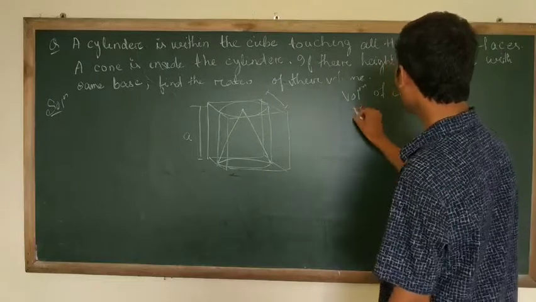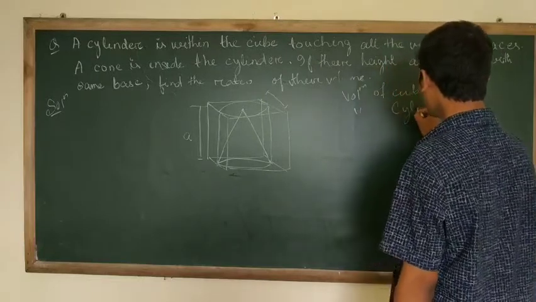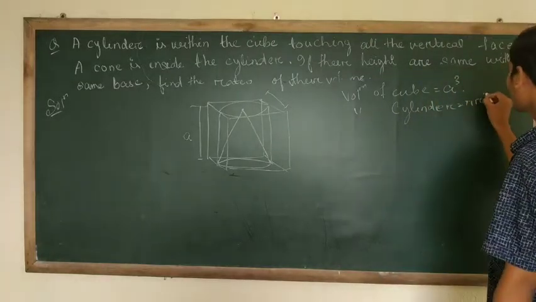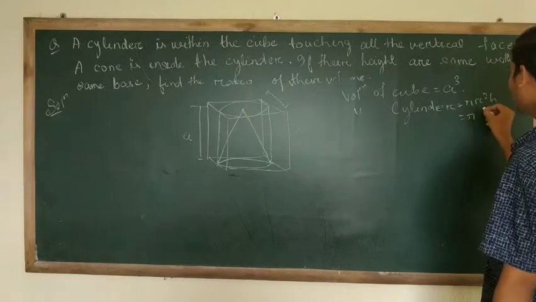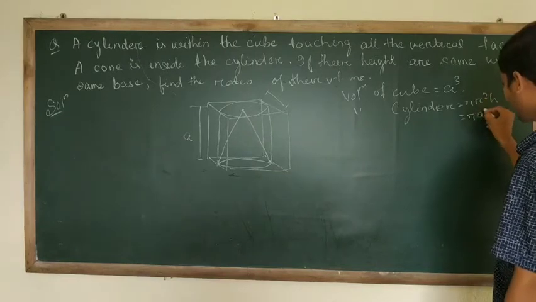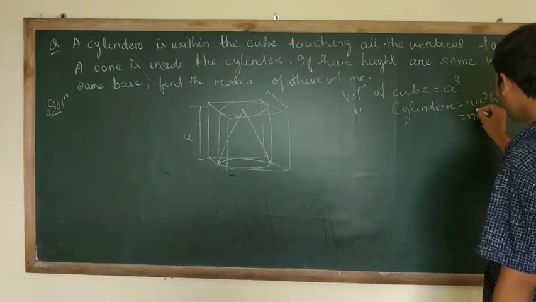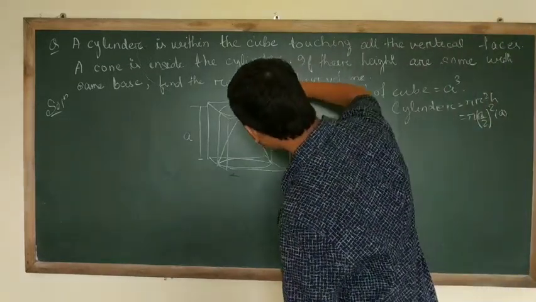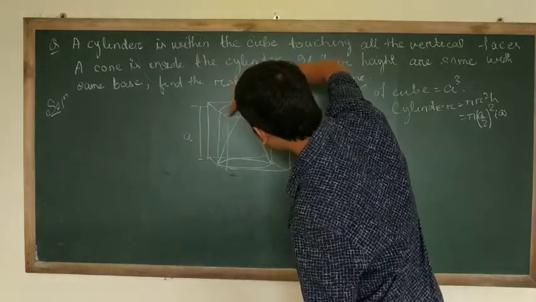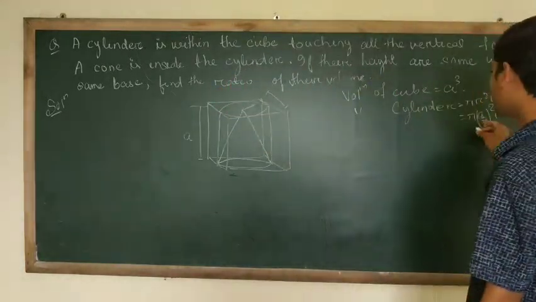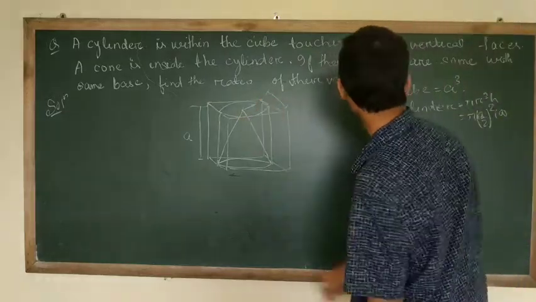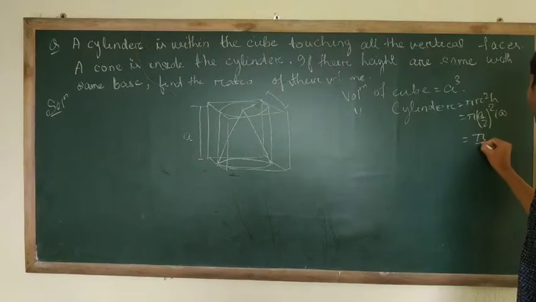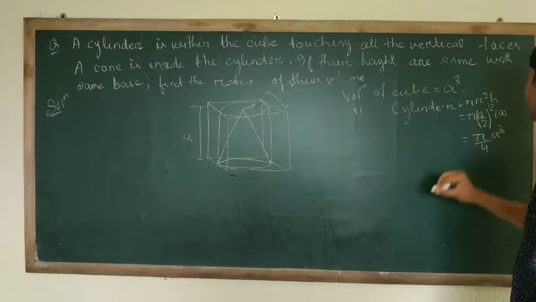Okay. Volume of cylinder, which is equal to pi r square h, is equal to pi into r is a by 2 and h is a, because r is the half of this, or not. If this is a, this will be the diameter a, so radius will be a by 2, so this is going to be pi by 4 a cube.